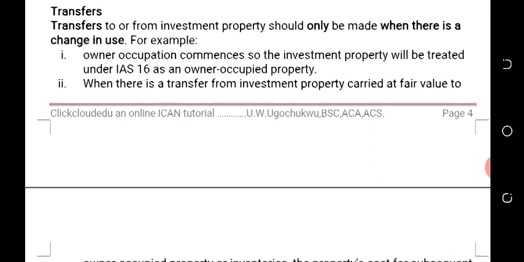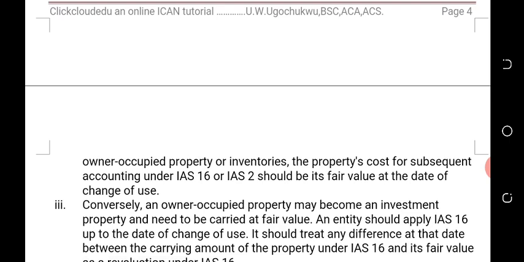When there is a transfer from investment property carried at fair value to owner occupied property or inventory, the property's cost for subsequent accounting under IAS 16 or IAS 2 should be its fair value at the date of change of use.